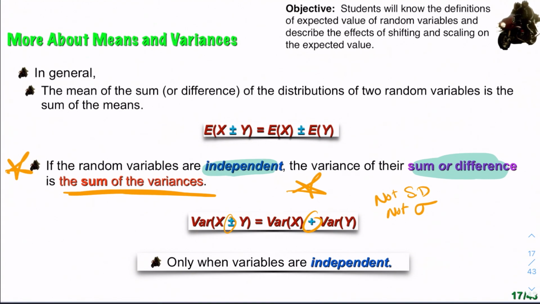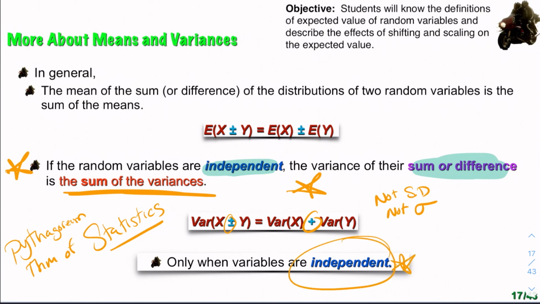Now, I've heard this referred to as the Pythagorean theorem of statistics, and it stuck with me, and I wanted to share that with you. Variances, since they're squared, we add them before we take the square root. So variances add only when the variables are independent. And that's why we made such a big deal about independence.